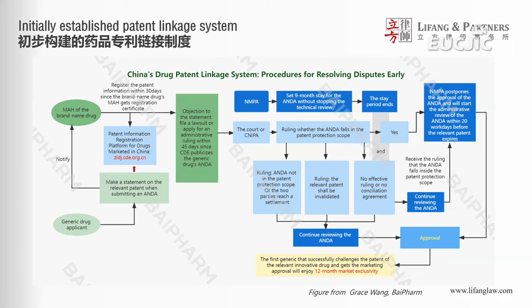So here, let me draw your attention to this yellow box at the bottom. The Chinese Patent Linkage System also allows the generic drug company who makes the first successful challenge to the drug patent to enjoy a 12-month exclusivity of the market.